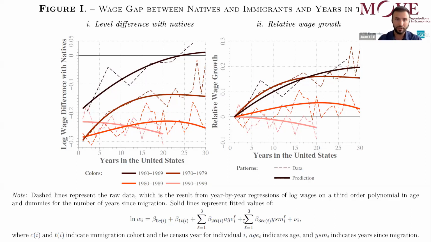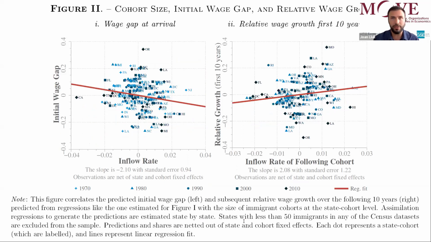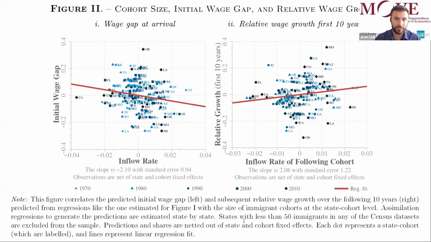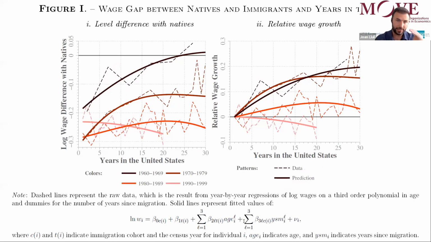Okay, for example, Borjas was here as a panelist, so he has a couple of papers showing all those patterns. Okay, now what is maybe less known but speaks a bit to our mechanism here. So I'm going to show you in this graph some correlations that link the initial wage gap in these kinds of regressions, and the growth rate in the first 10 years, with the sizes of the immigrant cohorts that arrive in each state in the US. Okay, so what we do here is we run this same regression that we have here, state by state.